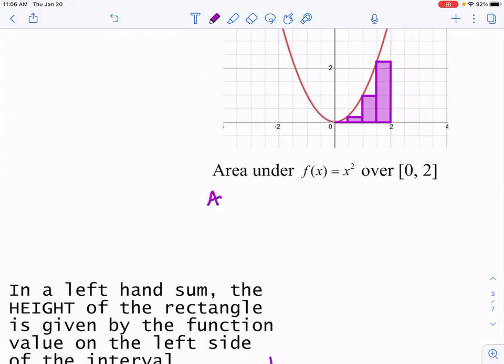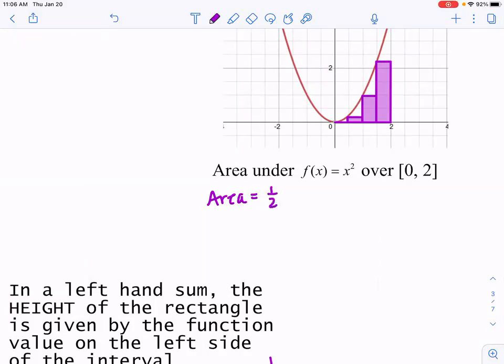Our area. Okay. How do you find the area of a rectangle? Length times width. What is the width of every single rectangle? 1/2. So that's nice. Okay. Here, from 0 to 1/2, 0 is on the left side.